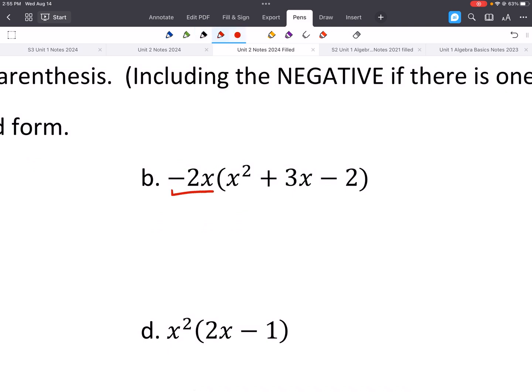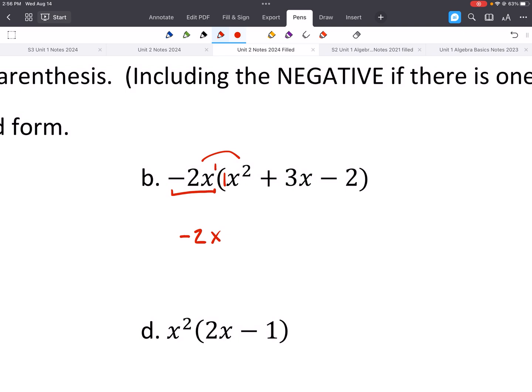Again, we're going to distribute not just the x, but the negative 2x. If it's helpful, we can always put a 1 in front of that x squared. So we're going to multiply the coefficients. That's negative 2 times 1 is negative 2. And then x times x squared. Again, if we're multiplying like variables, we can add their exponents.